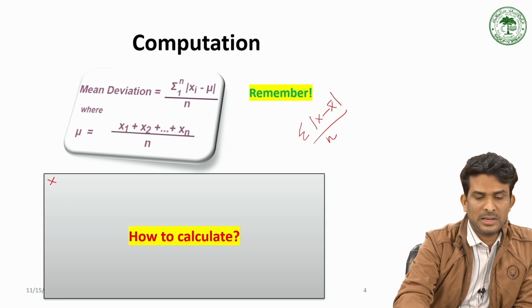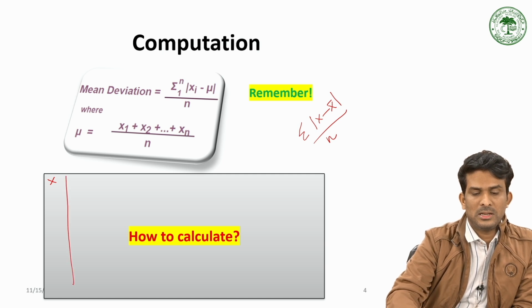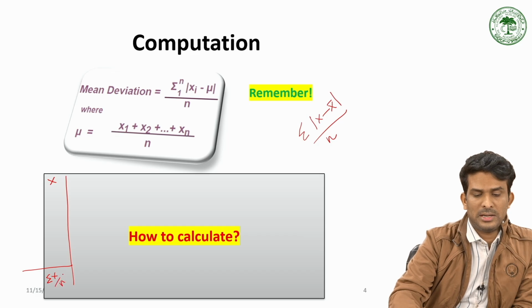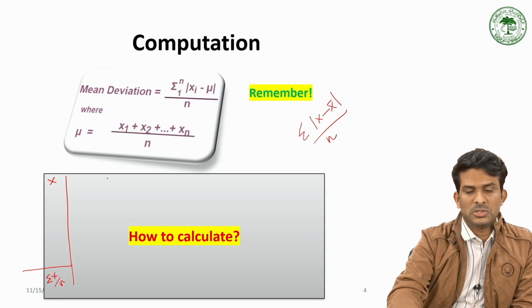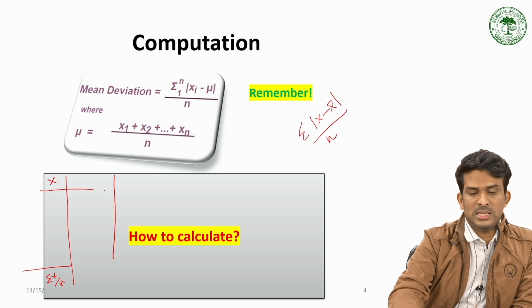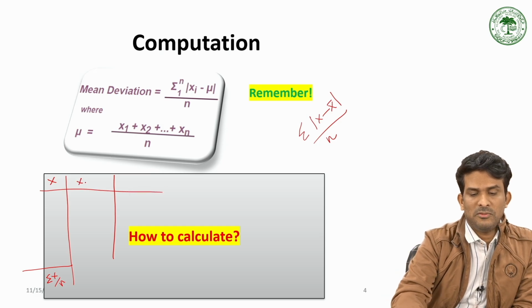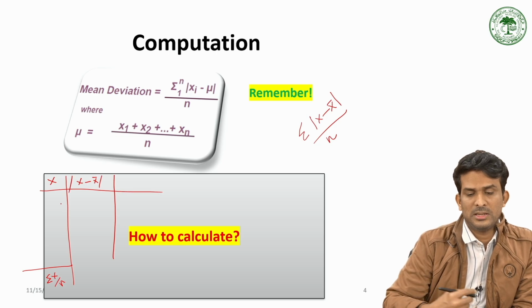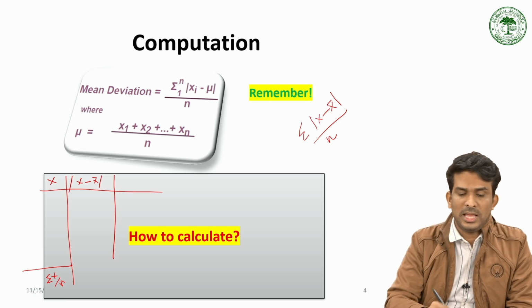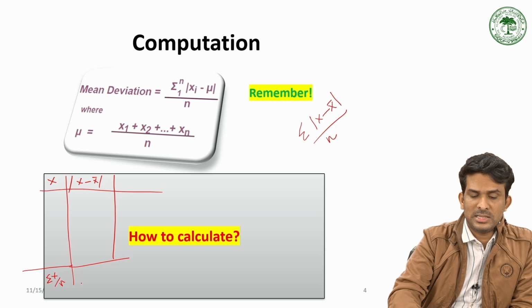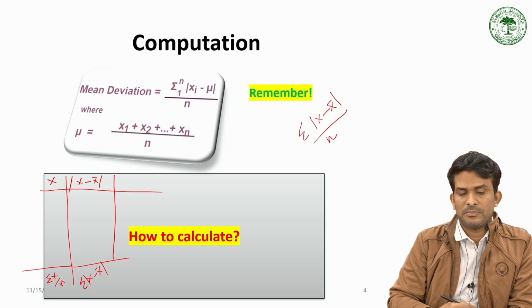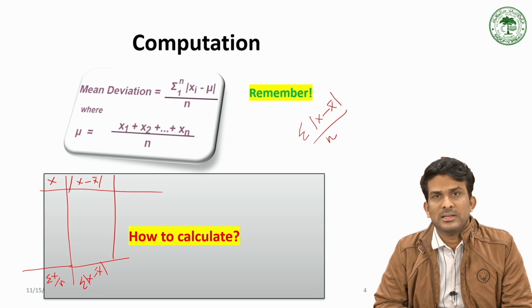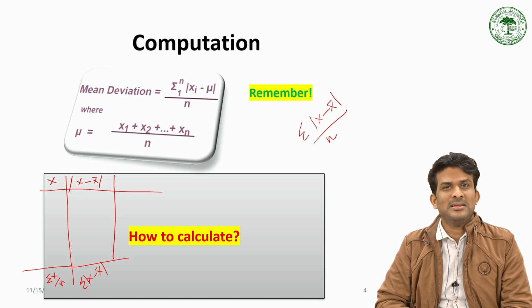Sigma x by n, then you will get x bar. The next column will be each x's difference from the arithmetic mean, modulus. Then take the total, sigma of modulus x minus x bar. Divide it by n and you will get the average deviation.